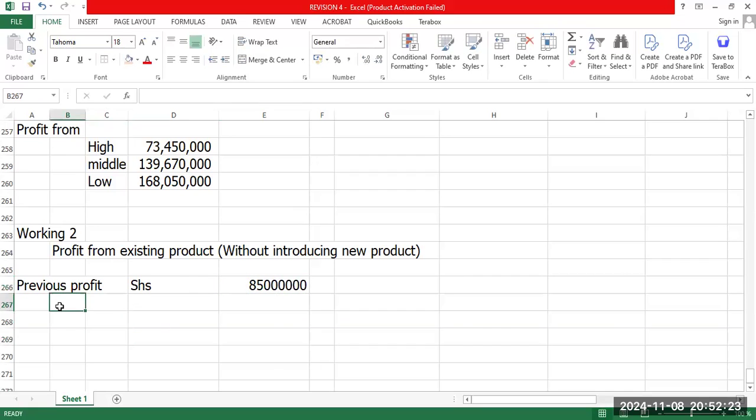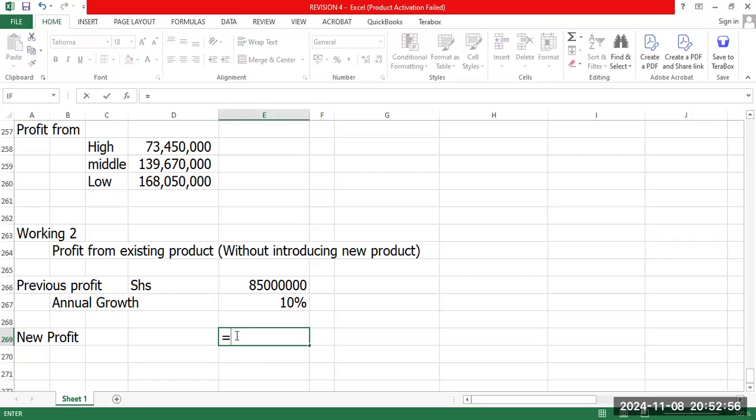And the percentage increase is 10% annual growth. So what will be my new profit?